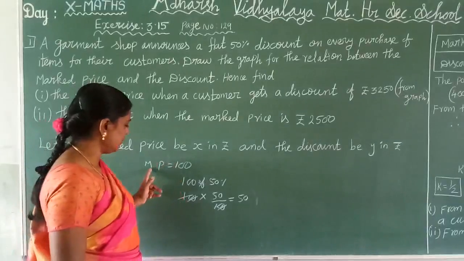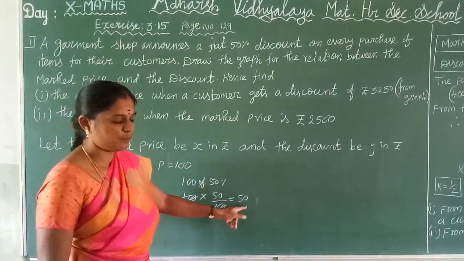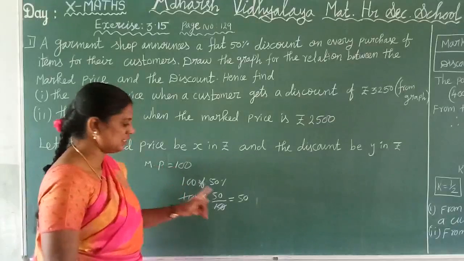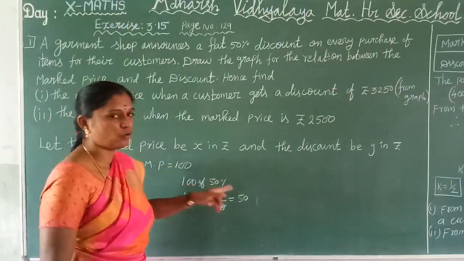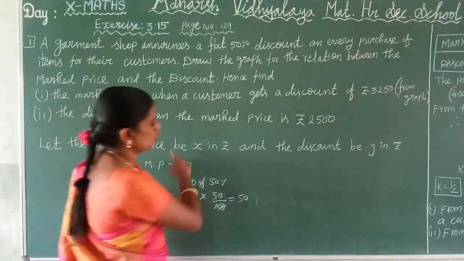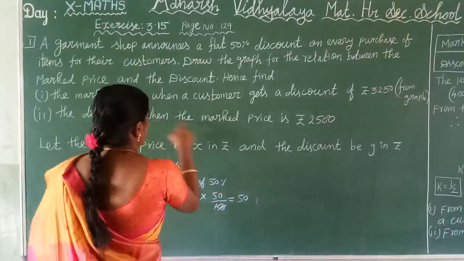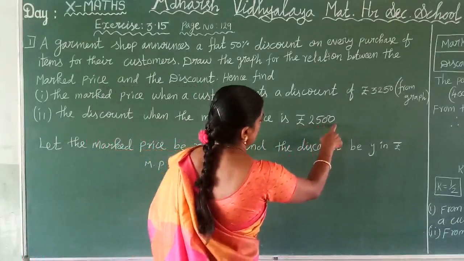For a market price of 100 rupees, the discount is 50. Suppose 200 rupees, then the discount is 100. For 300, it is 150. But in our question, the market price is rupees 2500.